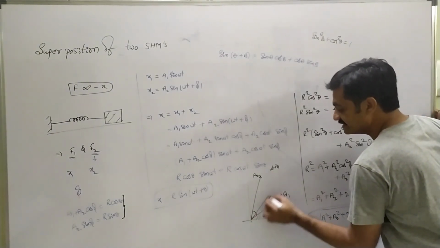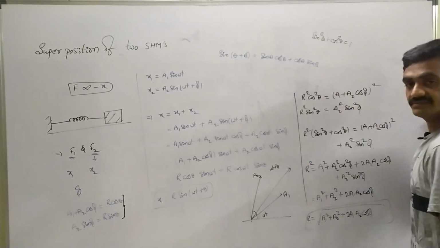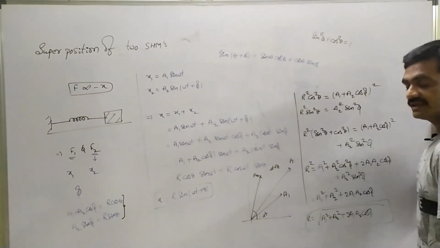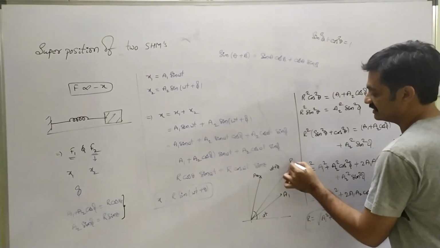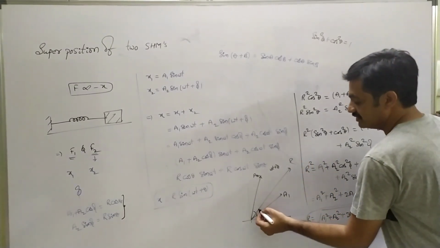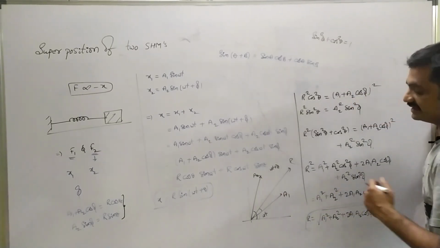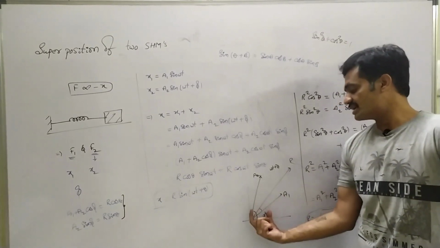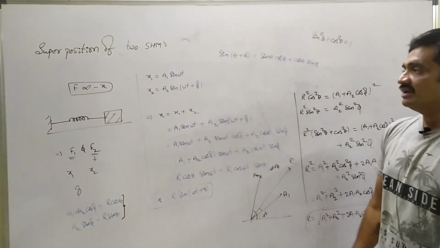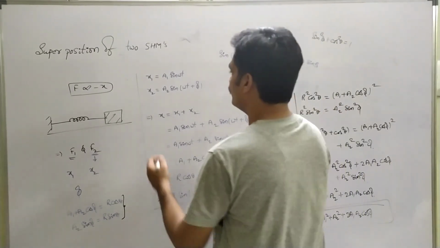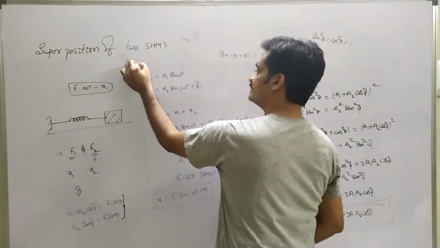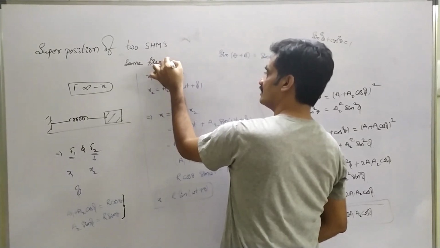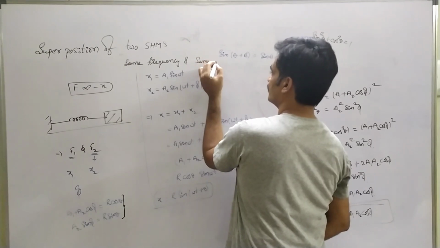Then the resultant is given in between, and it is represented as R, which makes an angle of theta. Here we can represent that these two amplitudes are in the form of a parallelogram. So this equation is represented when the two waves possess the same frequency and the same direction.